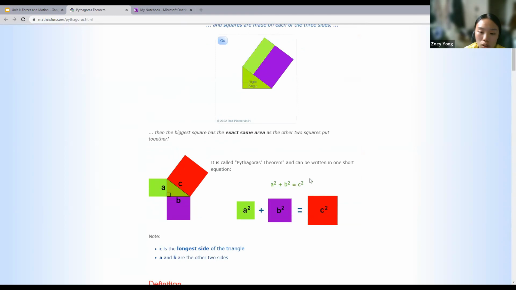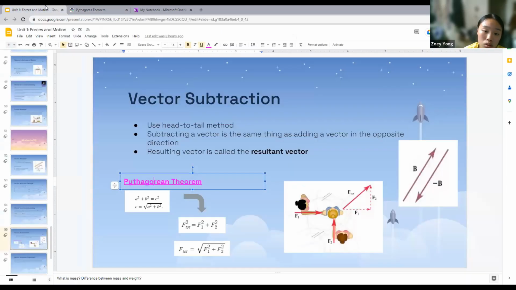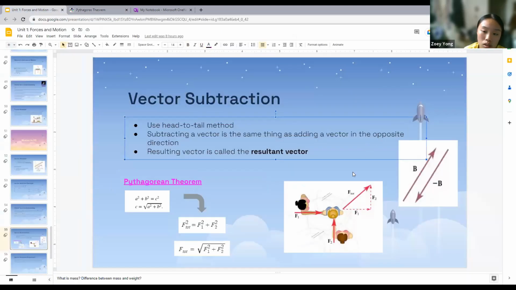So if you take the square root of both sides, you get C, because the square root of C squared is C, equals the square root, a giant square root, over A squared plus B squared. So C equals the square root of A squared plus B squared. And we're going to be using that later right here.